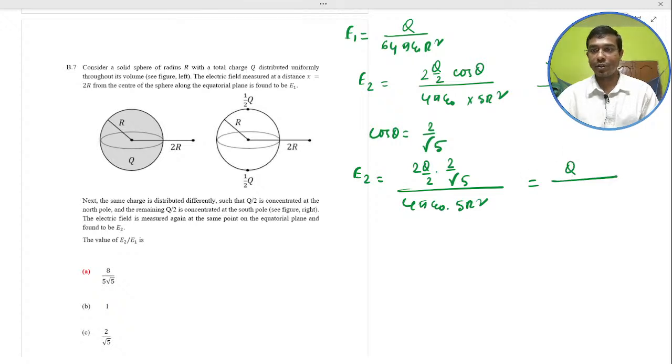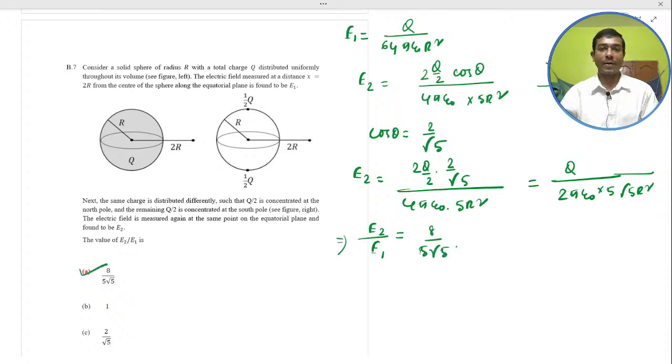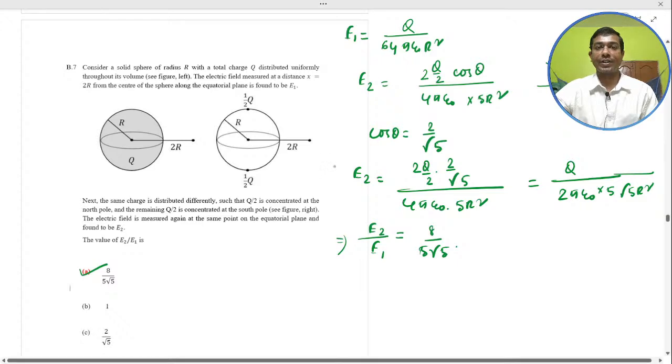That would become q divided by twice pi epsilon naught into 5 root 5 r square. So the E2 divided by E1 will become 8 by 5 root 5. 8 by 5 root 5 would be the correct answer.